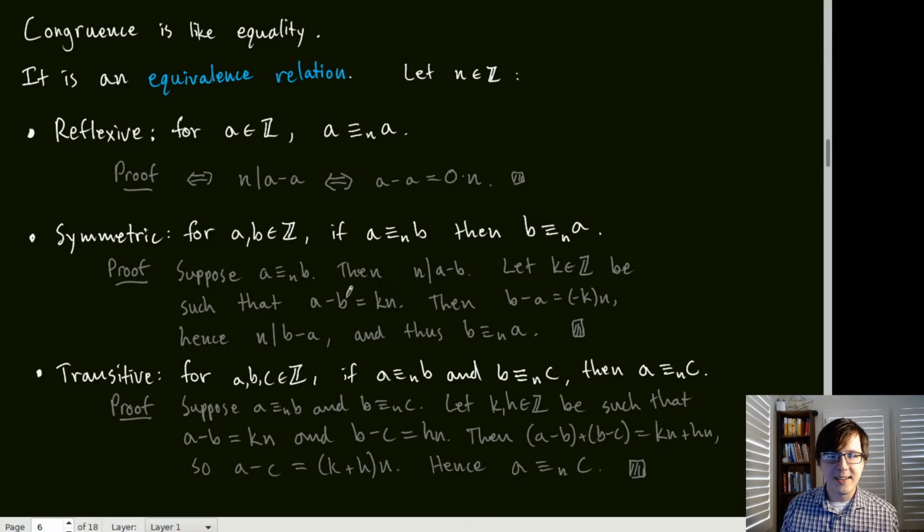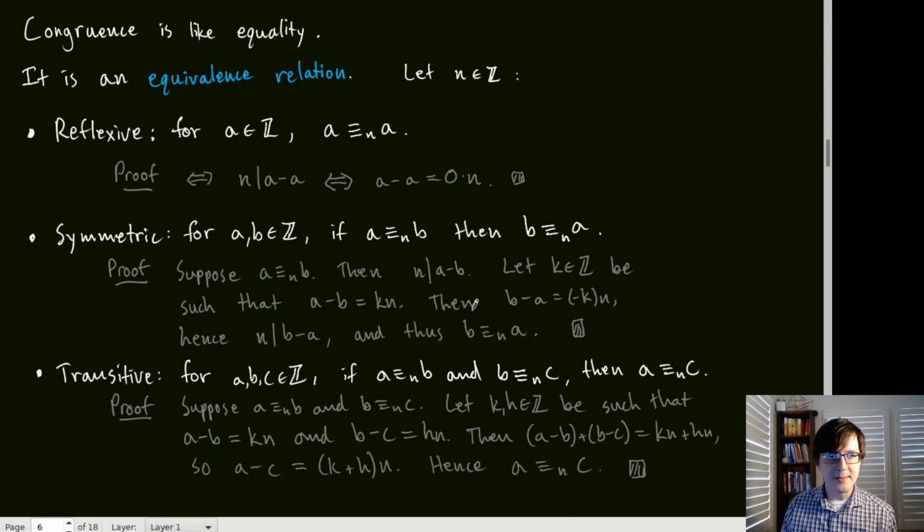If we multiply both sides by minus 1, we get B minus A equals minus k times n. Then by definition of divisibility, n divides B minus A, and thus B is congruent to A mod n.